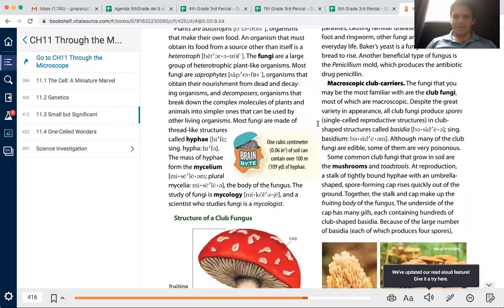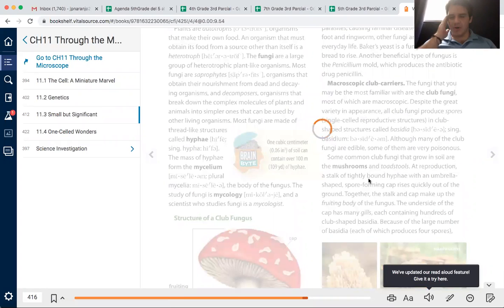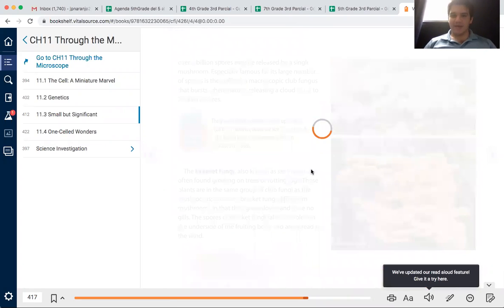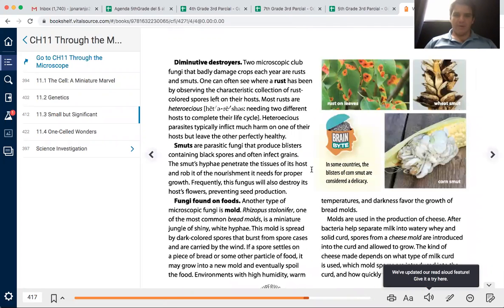All right? So these are macroscopic. Remember, macroscopic means you can see it with your eye without having help. And these mushrooms are used to make medicine, like penicillin. Penicillin is made from mushrooms, or mold, stuff like that.